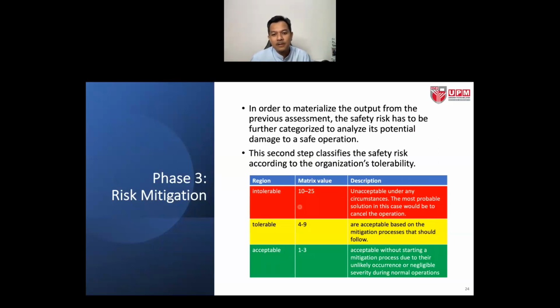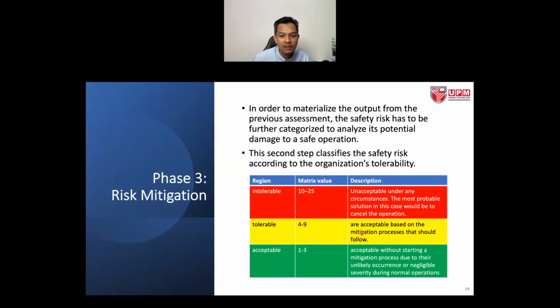In terms of the matrix value, it is intolerable, so the pilot needs to decide that we need to cancel the flight and go back to the nearest airport, or maybe come back to the origin. So this can be considered intolerable.